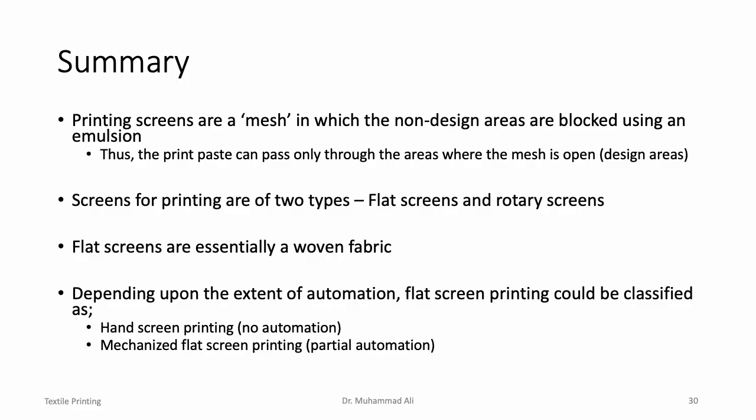And this has partial automation in it, which means that some of the steps in the printing cycle are automated or mechanized. And then the third type, which is known as the fully automatic flat screen printing machine or printing process, one in which all the printing steps are mechanized or automated. These are the machines that are used in large scale printing industry for producing several hundreds and several thousands of meters of fabric every day.